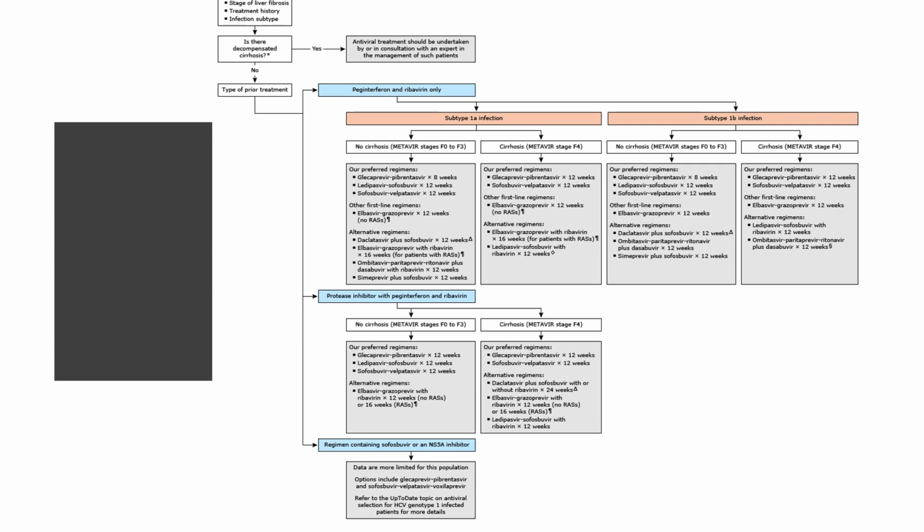If it is no, you want to find out the prior treatment. Was it just with PEG interferon and ribavirin only? Was it a combination of PEG interferon, ribavirin, and a protease inhibitor? Or was it just a direct acting antiviral therapy? If it is with PEG interferon and ribavirin only, you go ahead and use the recommended regimen as shown below.